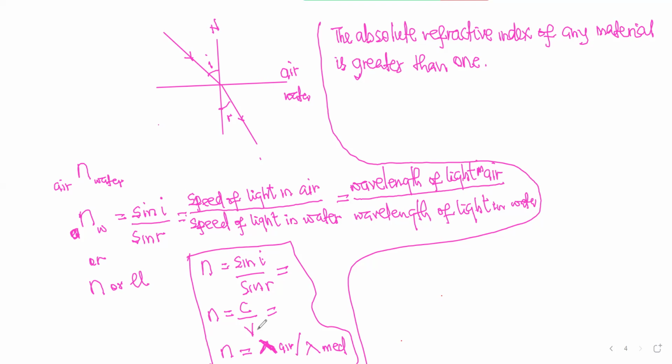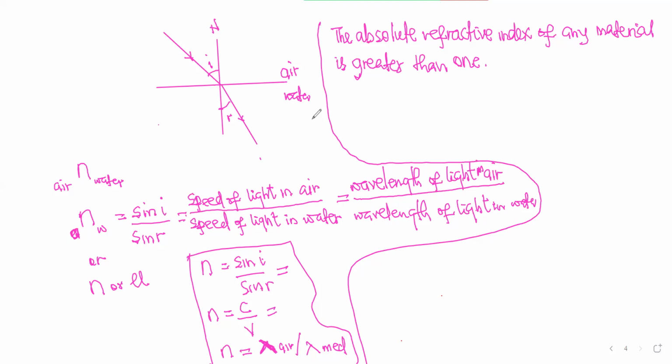Yes, it's a very good point he raised. Define the letters in physics. Where C is the speed of light in air or vacuum, which is a constant, 3.0 times 10 to the power positive 8, and V is the speed of light in any other medium aside from air and vacuum. Okay, sir, thank you. You're welcome.